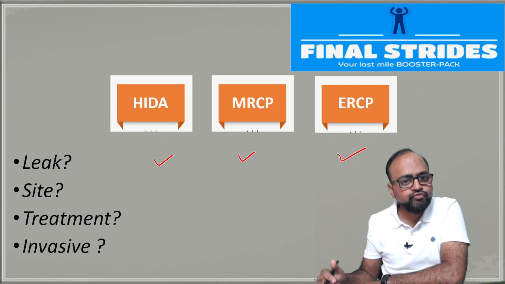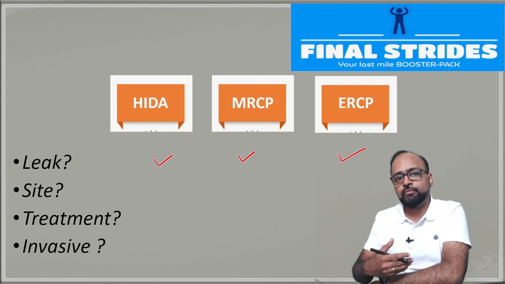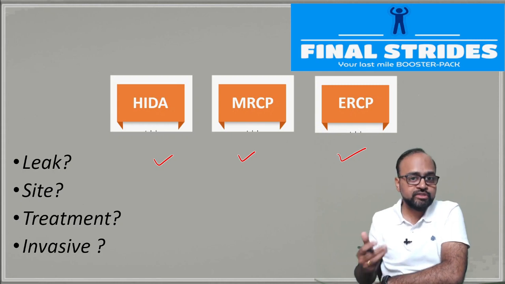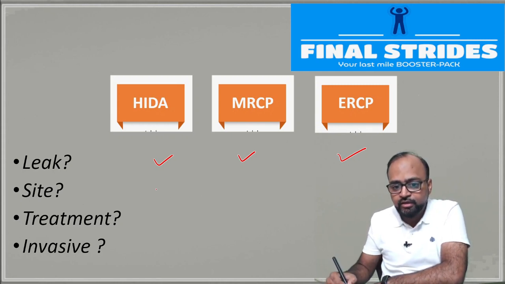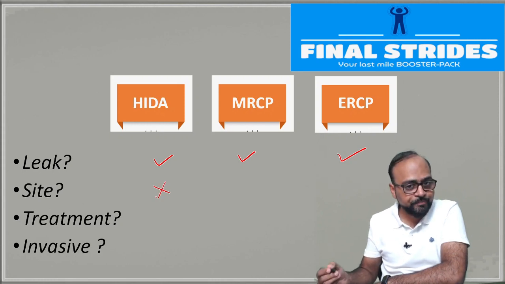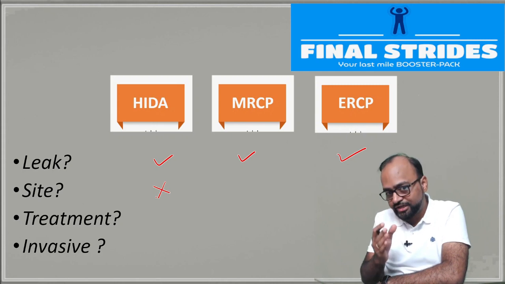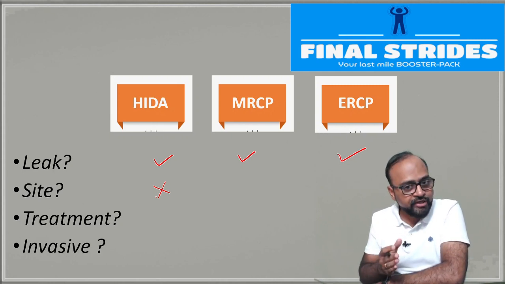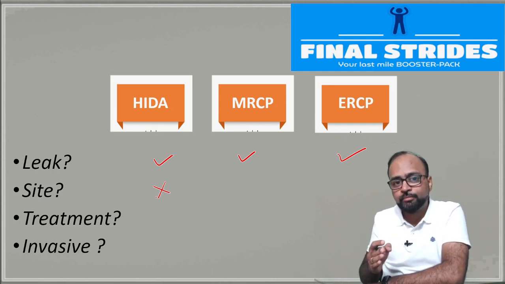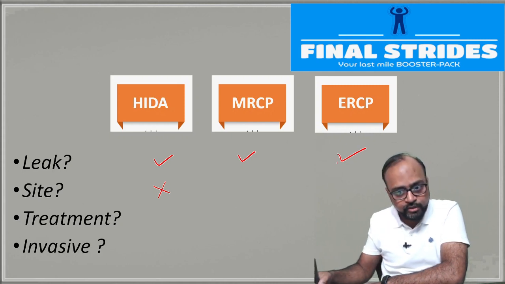But which of these would help you identify the precise site of leak, whether it is from the common hepatic duct or the cystic duct or the common bile duct? What is the exact site of leak? Well, HIDA scan, because it has a very poor anatomic and spatial resolution, won't help you identify the site of leak. So that is one limitation of HIDA scan. Nowadays HIDA scan is not done because there are more accurate techniques available.